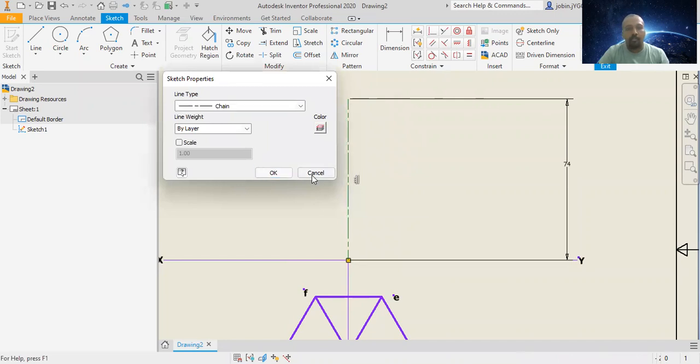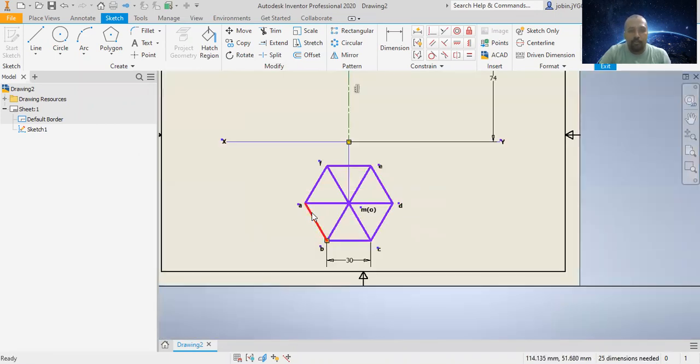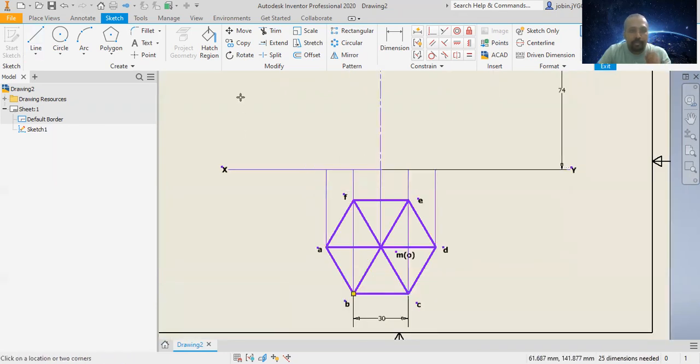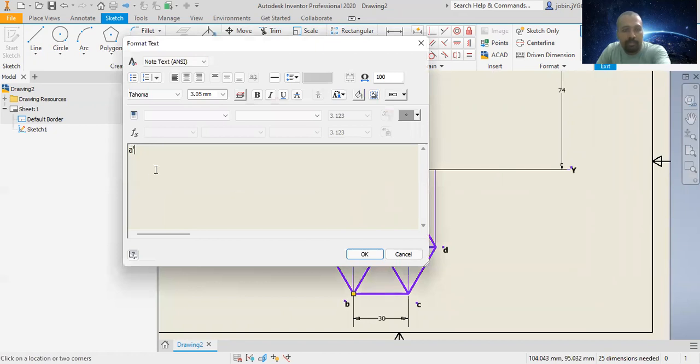Okay. Then you have to project all other points to the XY line. So you have to project a to the XY line, then b and f, then c and e, then d. You have to project and name these. This is the front view of point a, so name it as a dash.